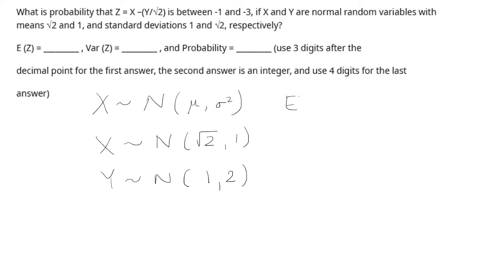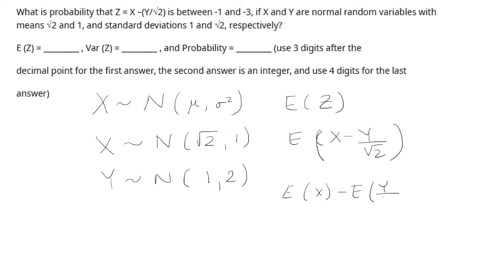First, let's find the expected value of Z. Well, Z we said is (X minus Y) over root 2. Now the expected value is linear, so we can break this up into the expected value of X minus the expected value of Y, and I can factor out the 1 over root 2 in front.